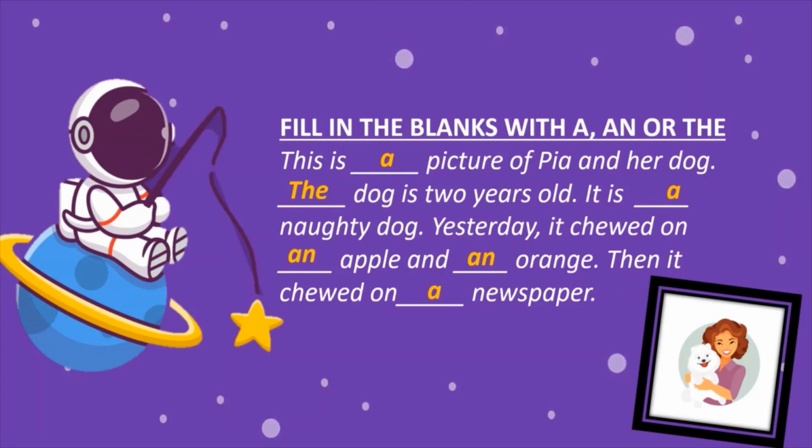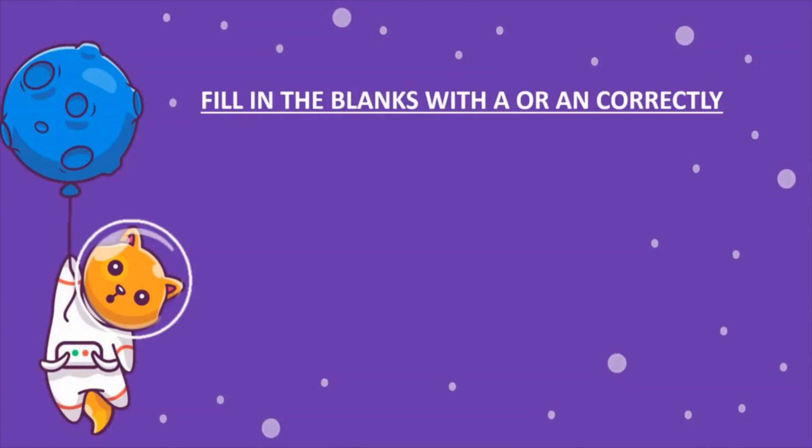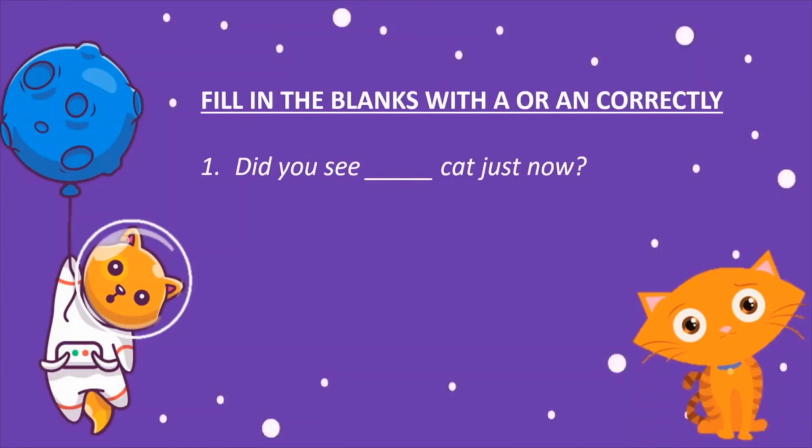Then we go to the exercises. Fill in the blanks with a or an correctly. The first sentence, did you see a cat just now? So here the cat is a noun in singular form. It begins with a consonant. So we use a.